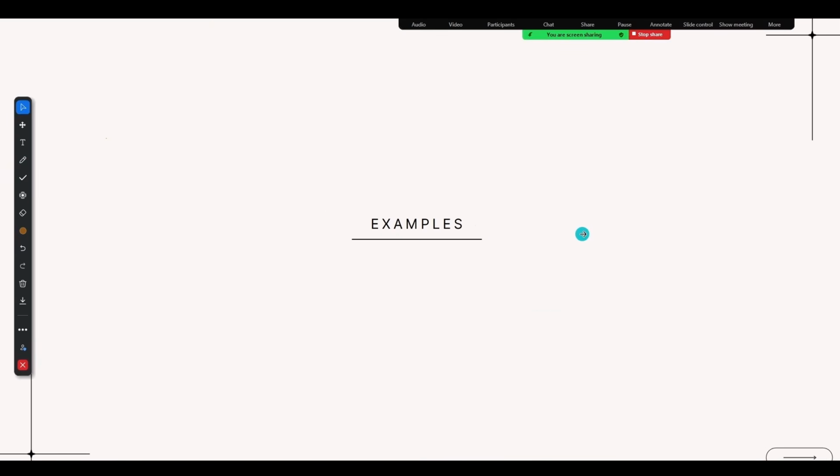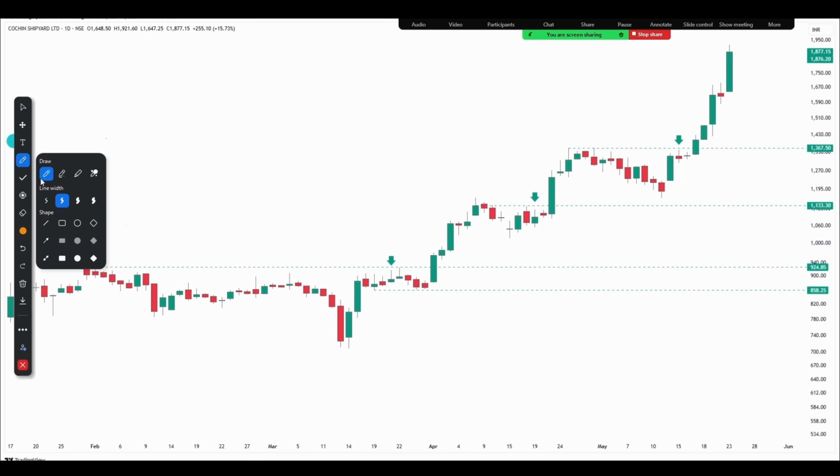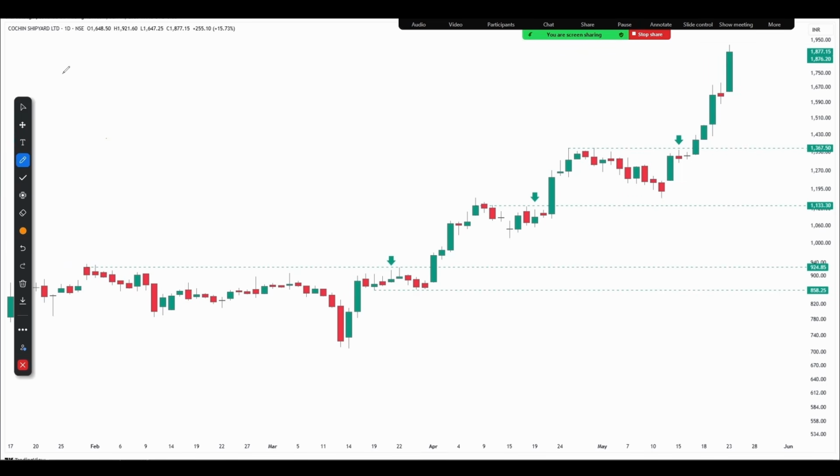So let us look at some examples. This is an example of Cochin Shipyard, where we can see that when the price was in a base formation, the price is uniformly contracting in a very small range. Like we just discussed, even if the contraction structure is not clean, it is respecting the high of the pivot point and the lows are being protected.